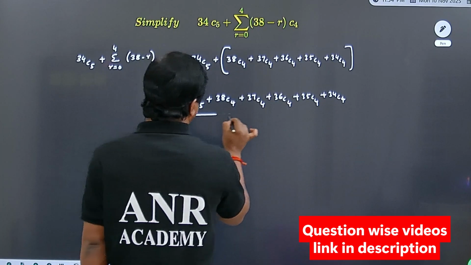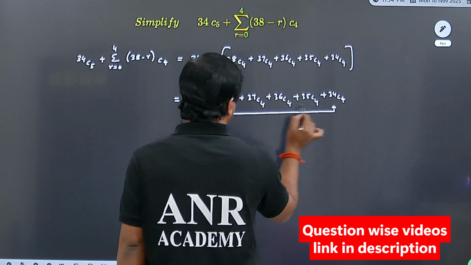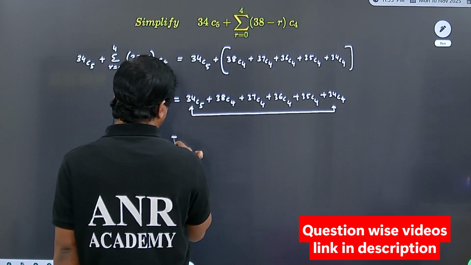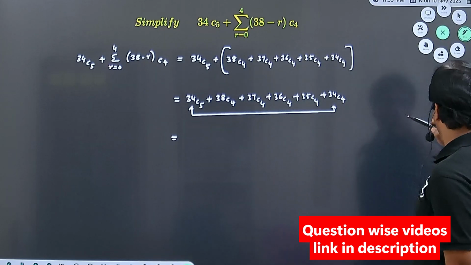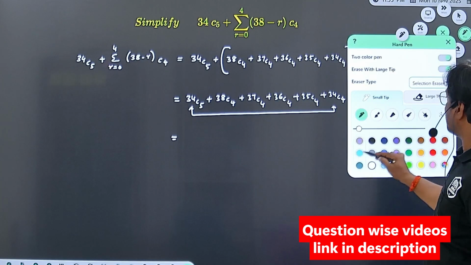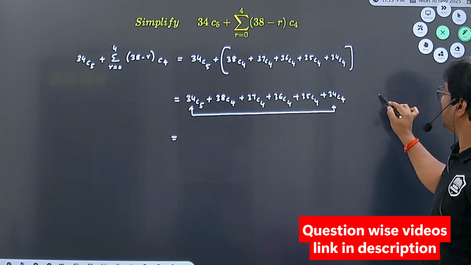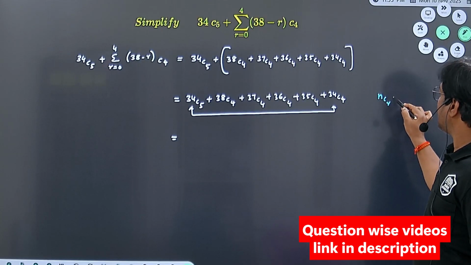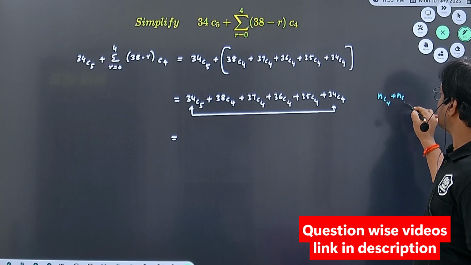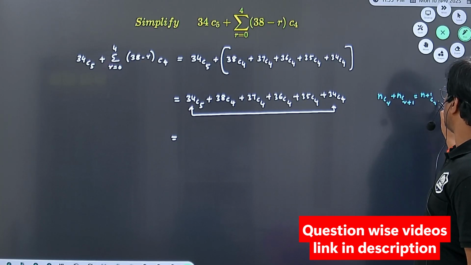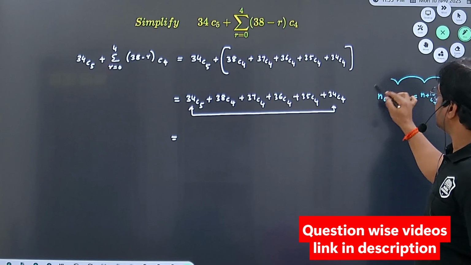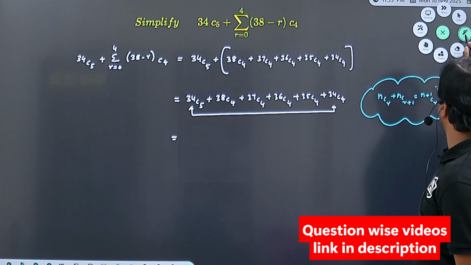I am going to solve these two. You know the sum of successive binomial coefficients formula: nCr plus nC(r+1) equals (n+1)C(r+1). This formula you can use here.